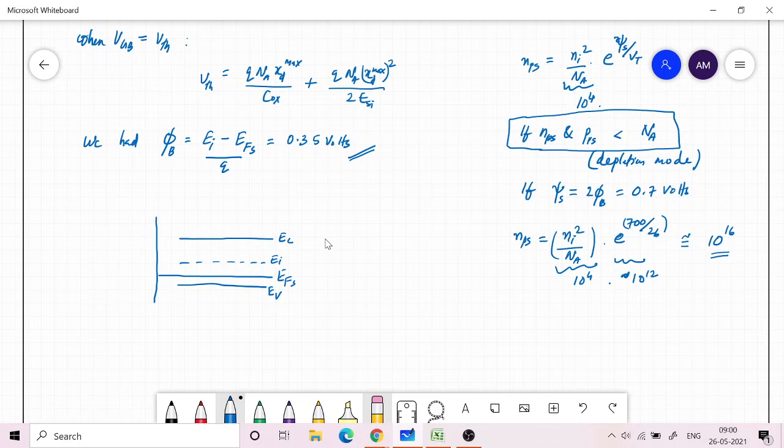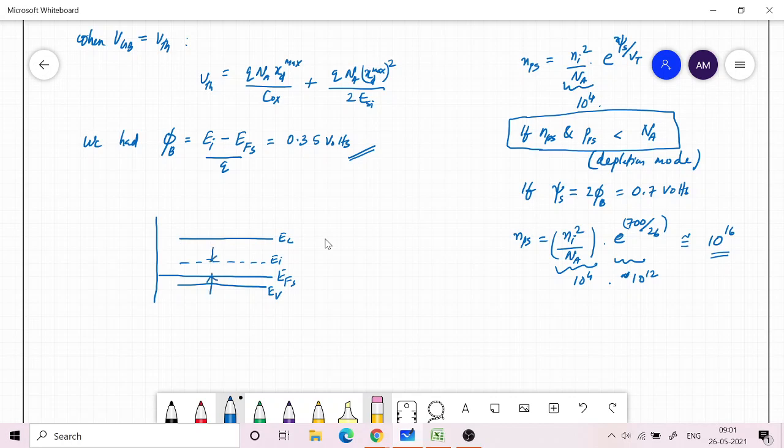So this is my band diagram in the semiconductor region away from the interface. But then at the interface, what is going to happen? If the bending, that is psi s, becomes 2 phi b, then this intrinsic level is going to bend, how much? By 2 phi b.